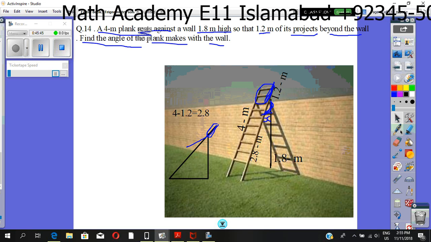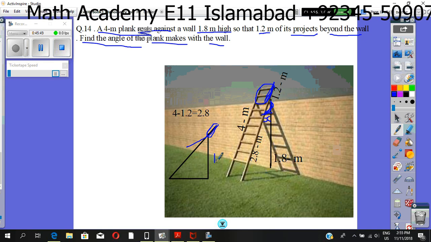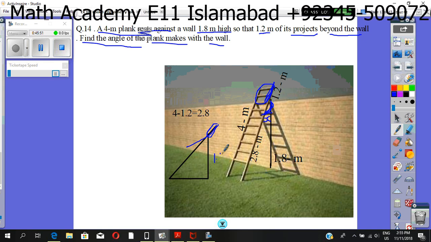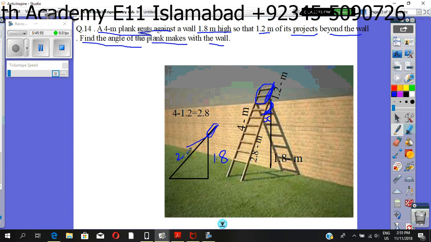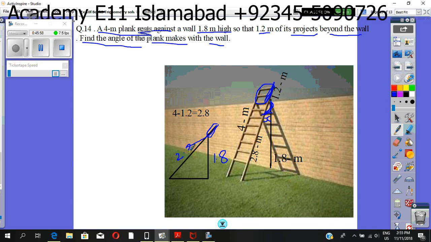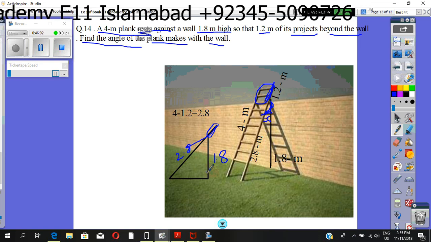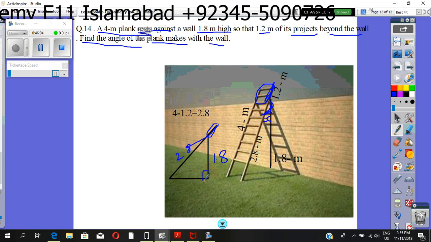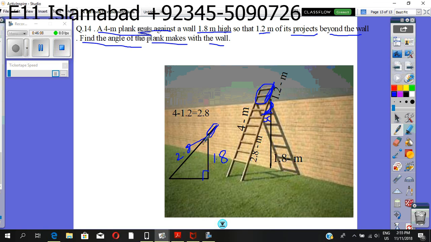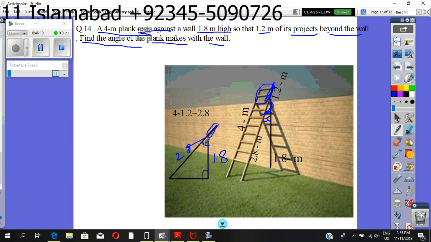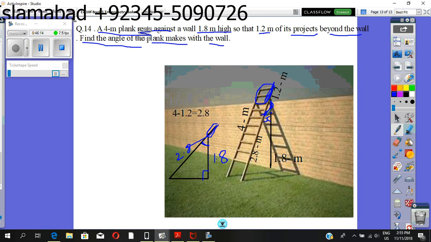The height of the wall is 1.8. In the wall we have a 90-degree angle, and this is the angle we're supposed to find.